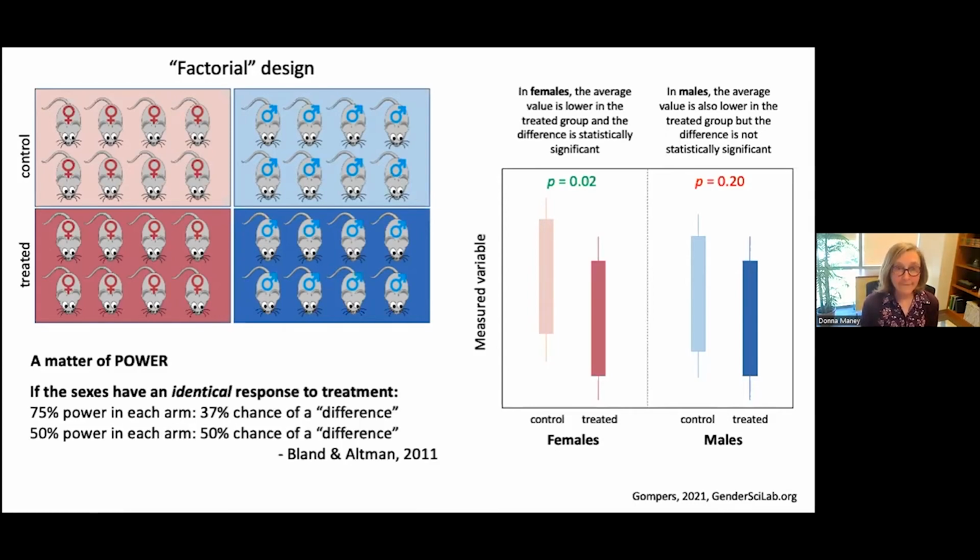And if you're 75% powered within each sex to detect the effect that is there, you'll get this result 37% of the time. And if you're 50% powered, you'll get this result about half the time. In other words, if each arm, the male arm and the female arm, has 50% power to detect the effect, then this analysis approach is equivalent to flipping a coin 2 times and then declaring a difference if they don't land on the same side.